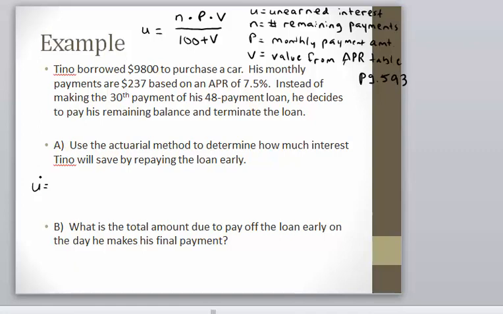Remember that the number of remaining payments excludes the current payment. So excluding the 30th payment, how many more payments does he have to make? The answer to that is 18. So we're going to put an 18 in for the N. For the P, the monthly payment amount, we're going to use 237.